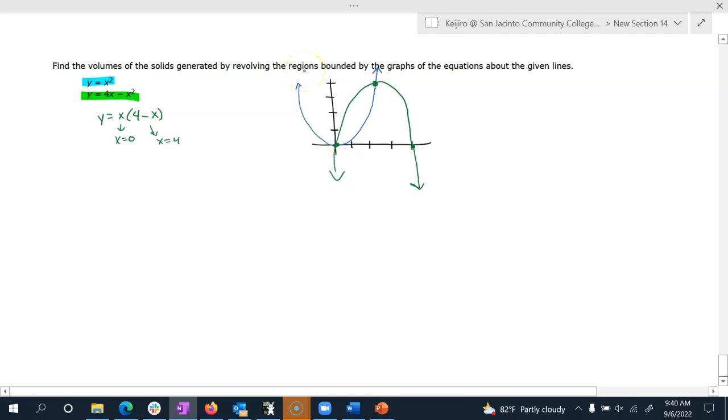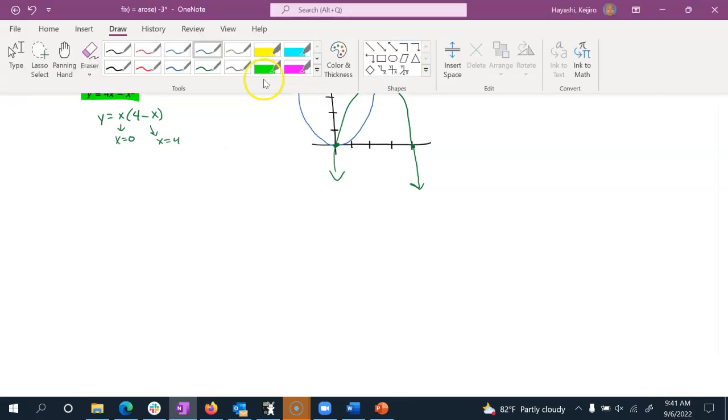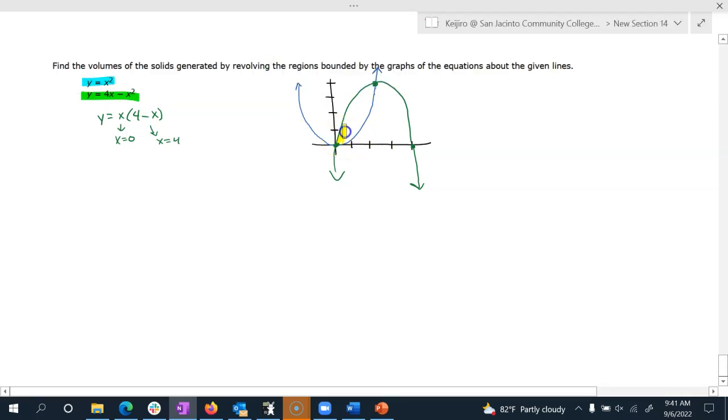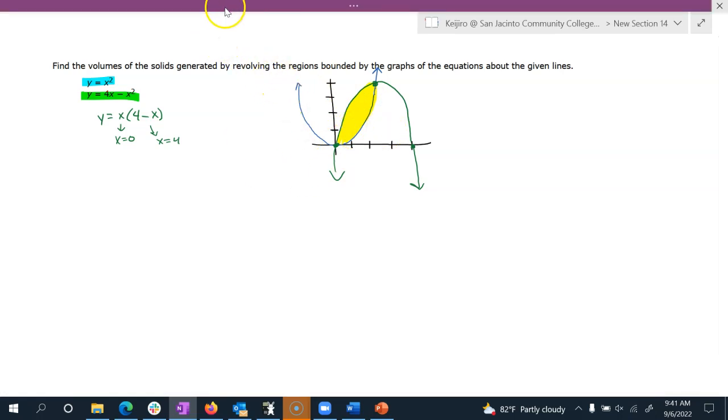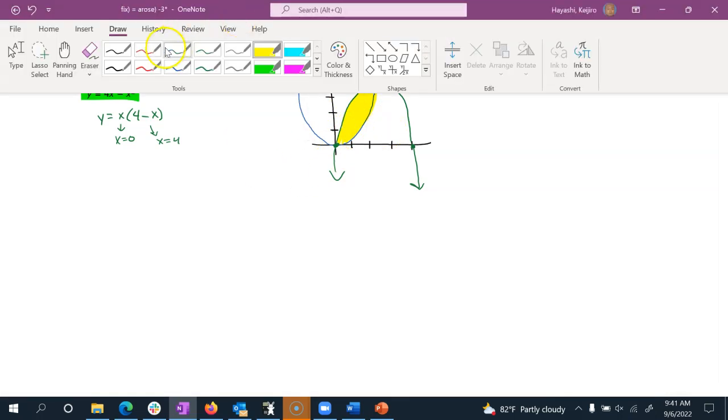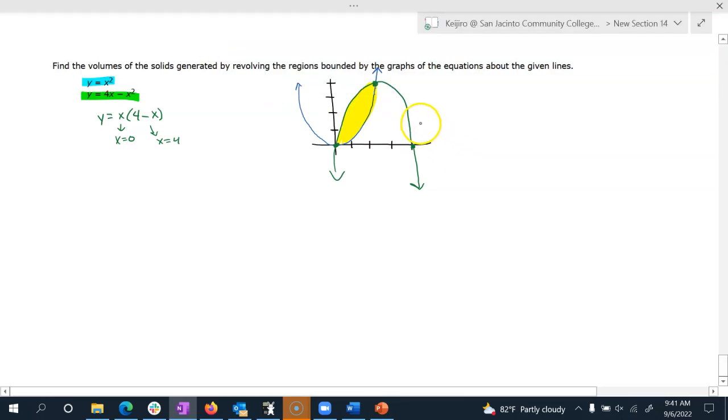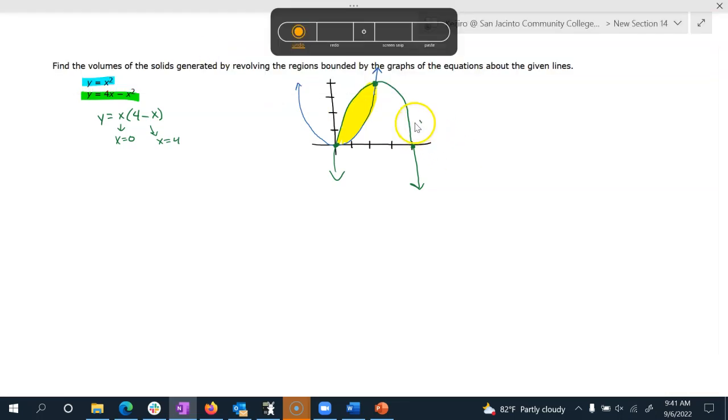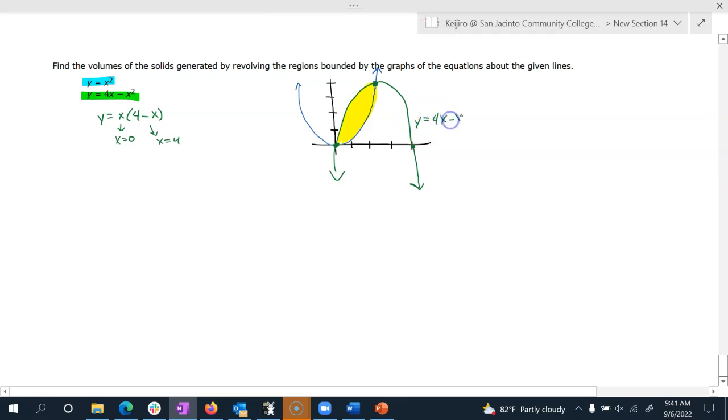Okay, but the enclosed region is this. This, again, lenticular sort of looking region. Let me just label these real quick. This is y equals 4x minus x squared.